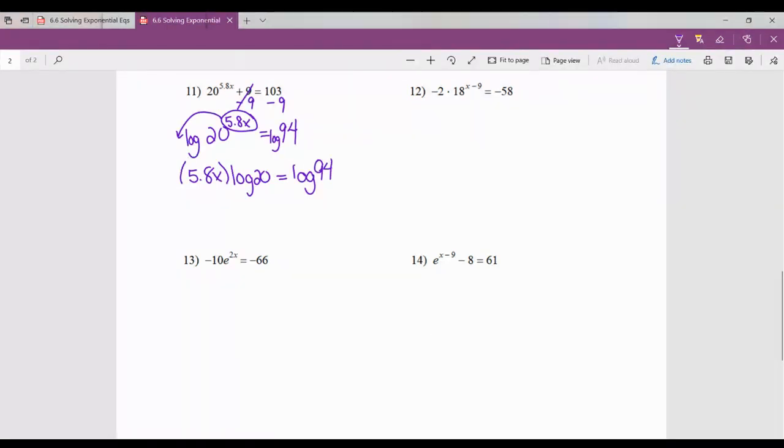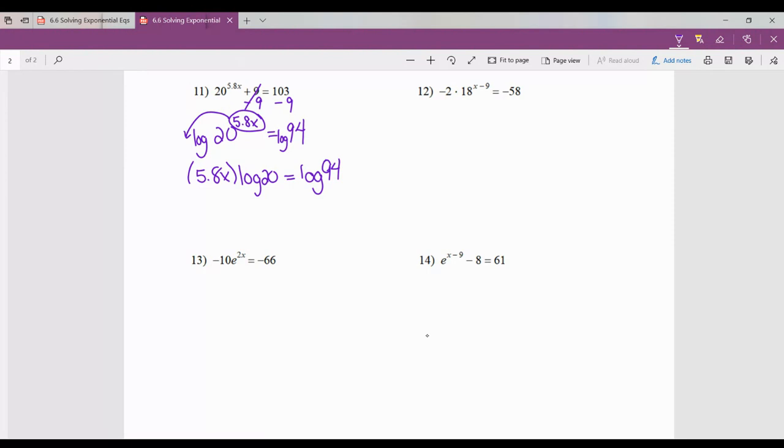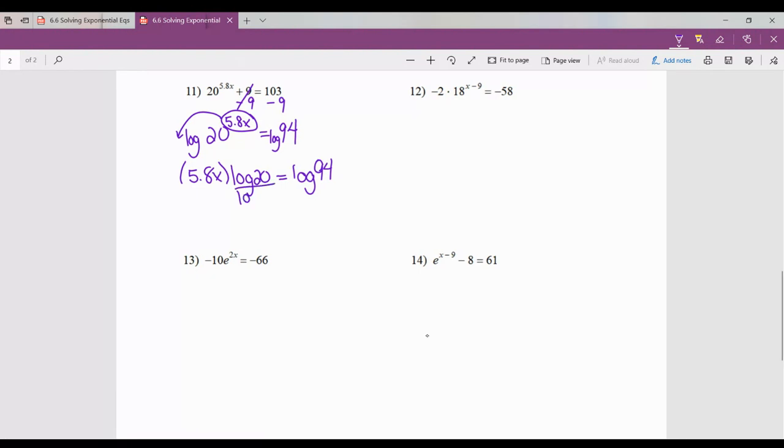So I want to divide by log of 20 first, both sides, and then that will get rid of it on the left side. So I'll have 5.8x equals, and then we do log of 94 divided by log of 20.